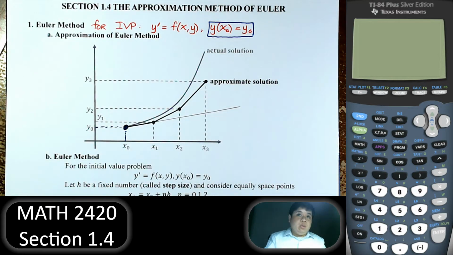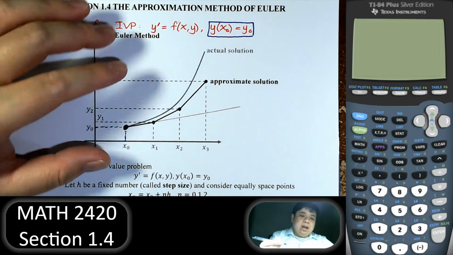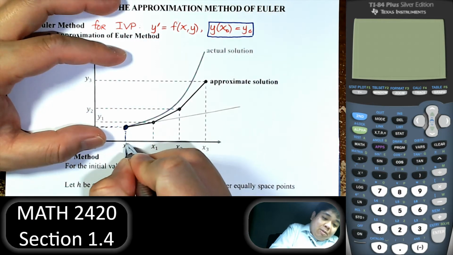How do we know how far to go? With the initial condition, what we determine beforehand is a step size, how much we want to go for each step. Usually the smaller the step, the better the approximation. Let's say a step is this much.